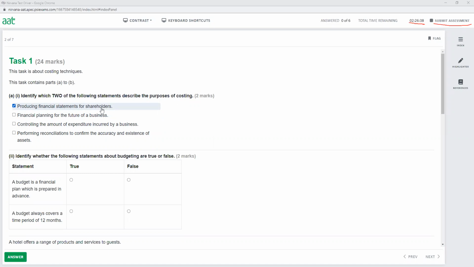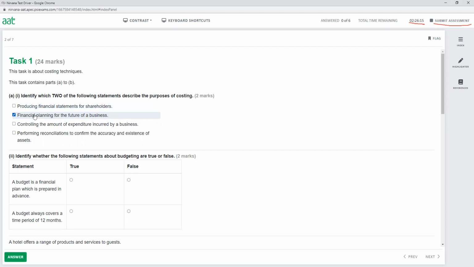Remember that the management accountant only prepares the management report for internal purposes. So it's not the right answer. Financial planning for the future of a business. This could be the right answer, because financial planning or budgeting for the future is one of the purposes of costing. So we need to say yes, financial planning for the future.